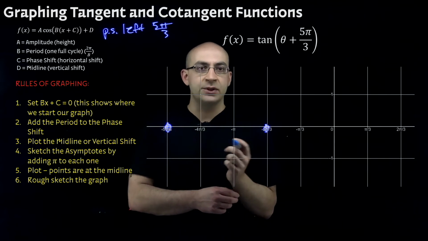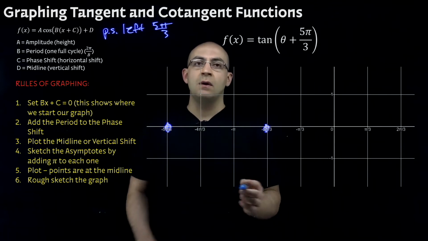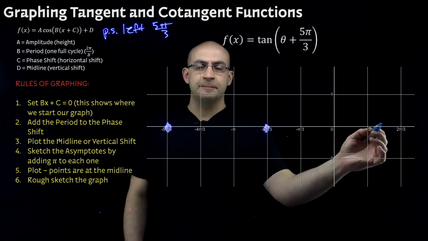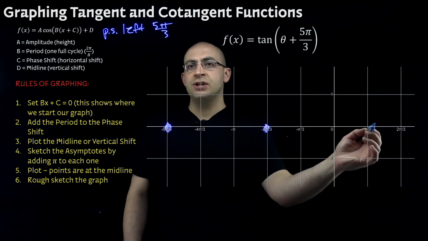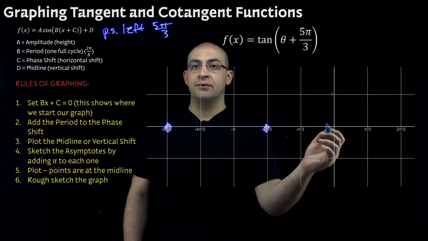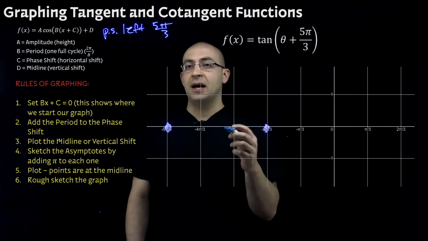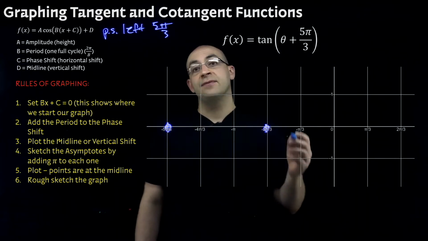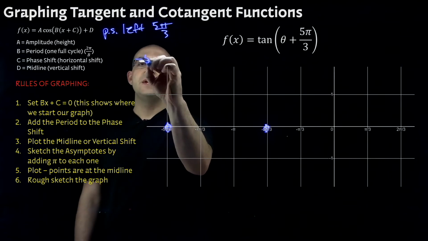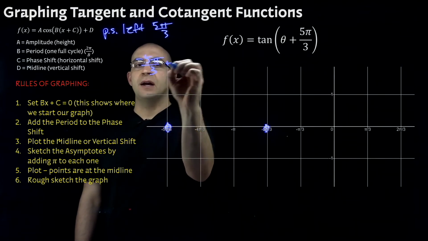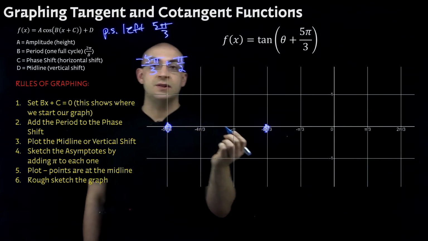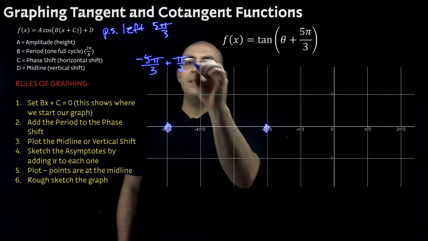And that's at pi over 2 and 3 pi over 2. Well, pi over 2 is about here-ish, right? So if I were to shift negative 5 pi over 3, all I need to do is add pi over 2 to that negative 5 pi over 3 and find my asymptote line. So let's do that. If I have a negative 5 pi over 3, I want to add pi over 2 to that, which is where the asymptote would have lied. So then we have this.